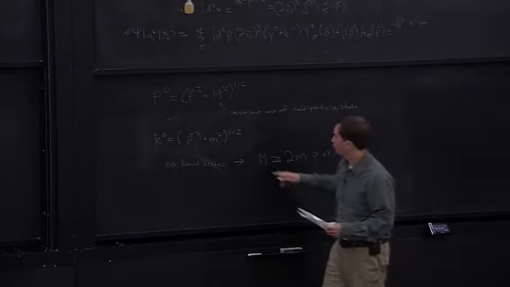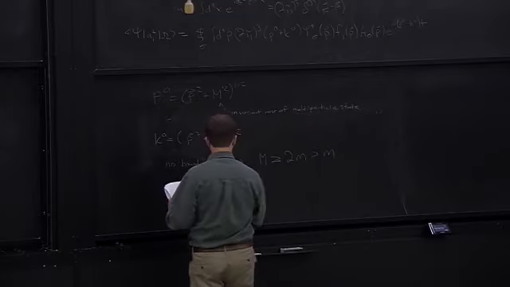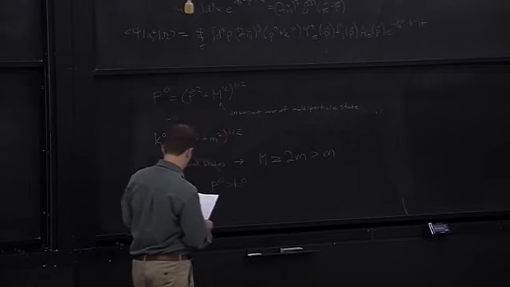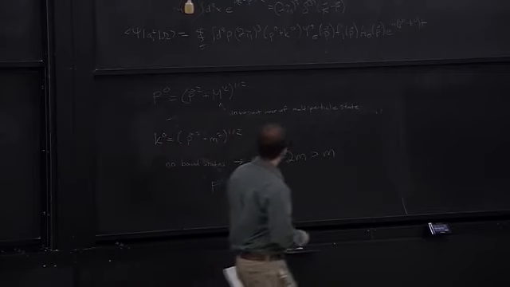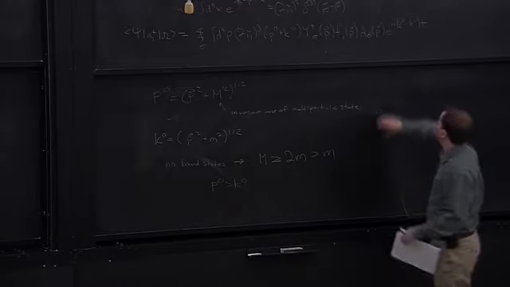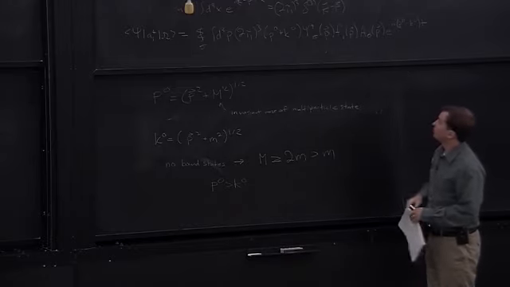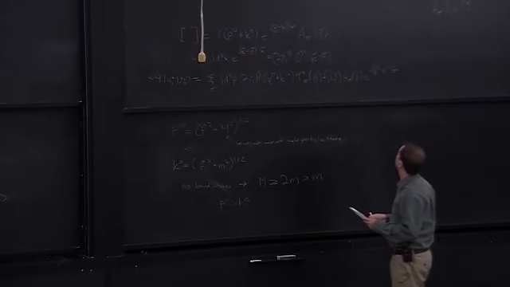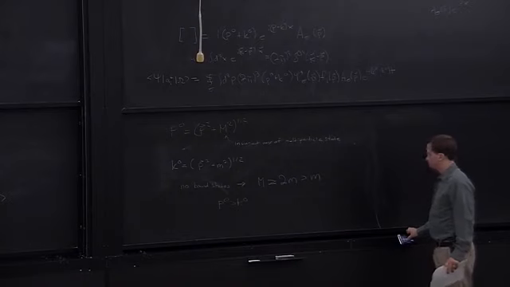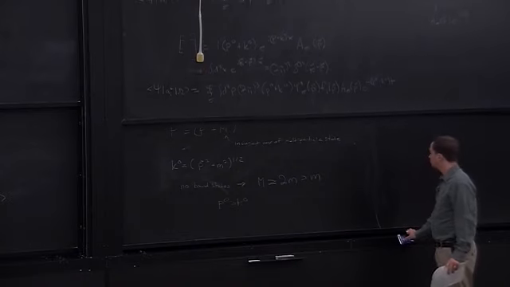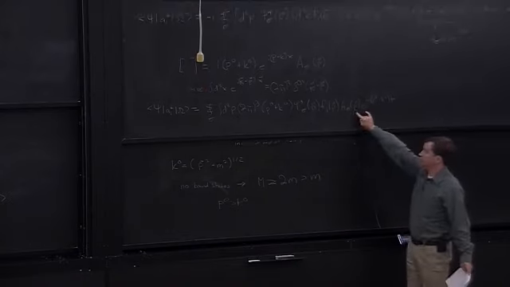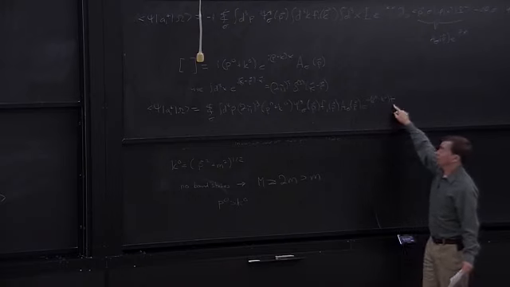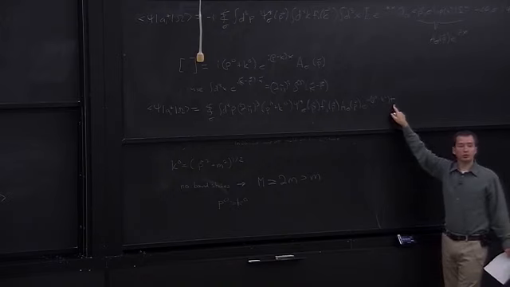So P naught is strictly greater than K naught. And that tells us that this integral here is going to oscillate more and more rapidly as t goes to plus or minus infinity.